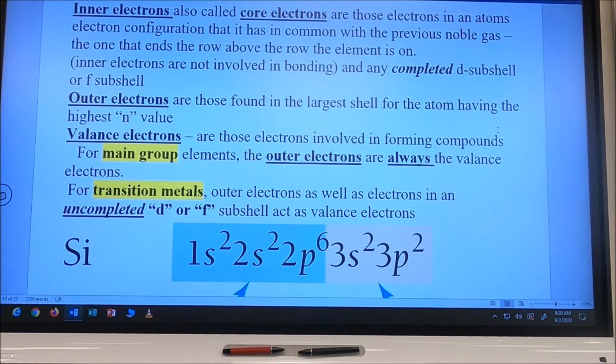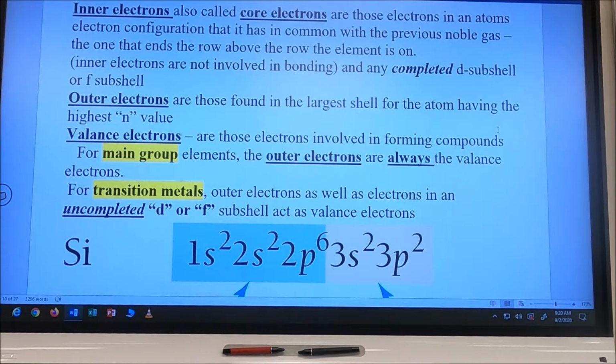Valence electrons are those electrons involved in forming compounds. For main group elements, the outer electrons are always your valence electrons. For transition metals, outer electrons as well as uncompleted D or F subshell electrons are considered valence.